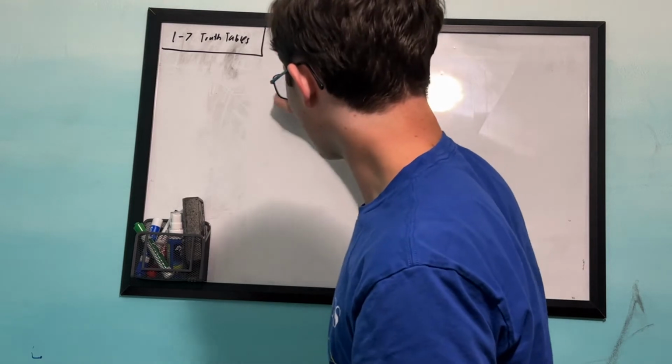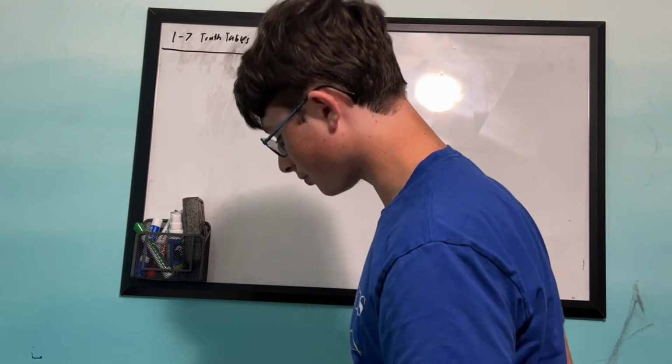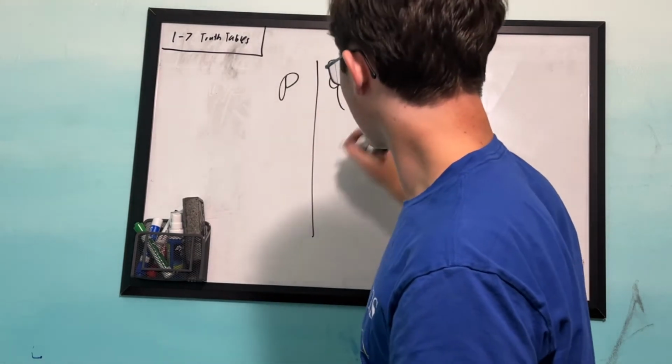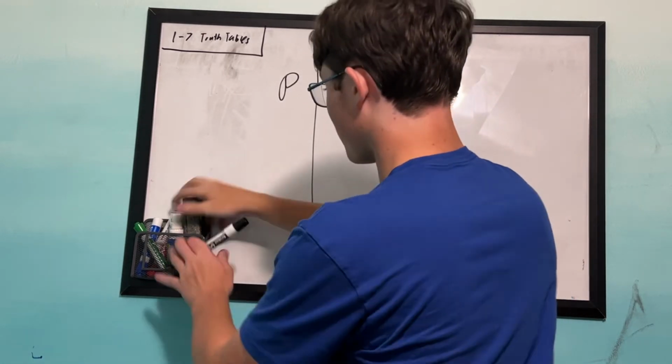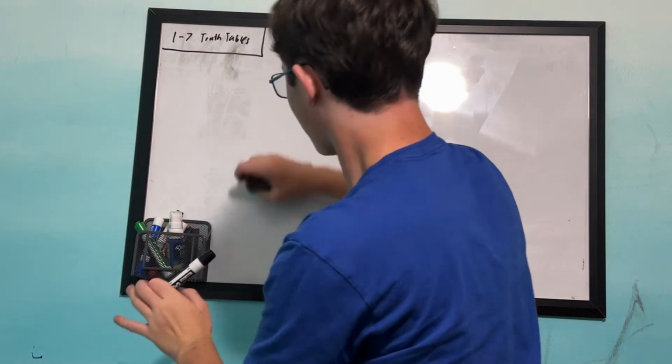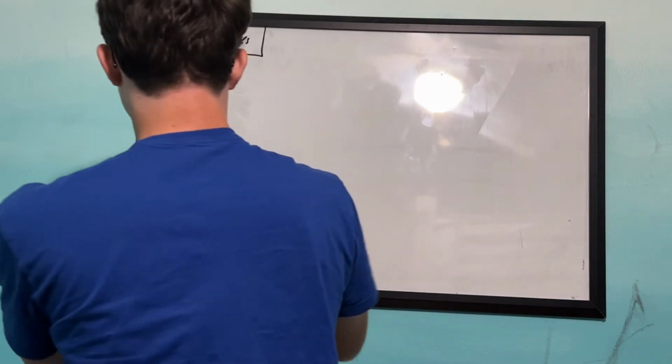So we've got to go P, Q. Oh, I should probably start further to the left. This is going to take up a lot of space, so mine will take a second.